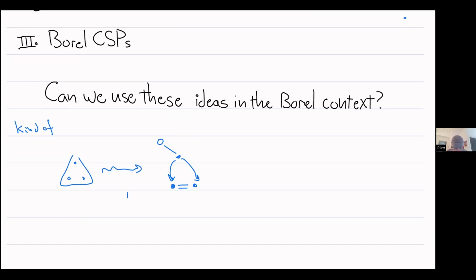But the second step, we have to take a quotient. And if you recall, quotients are bad. We can't take quotients in the Borel setting. If you take a quotient of a Borel structure by a Borel equivalence relation, what you end up with, you can't put any Borel structure on. Okay. So what can we do?